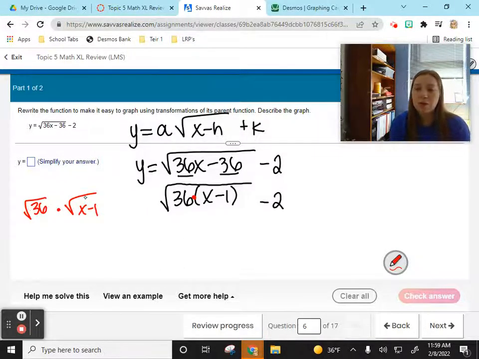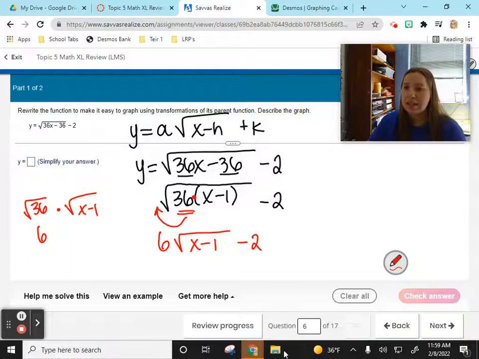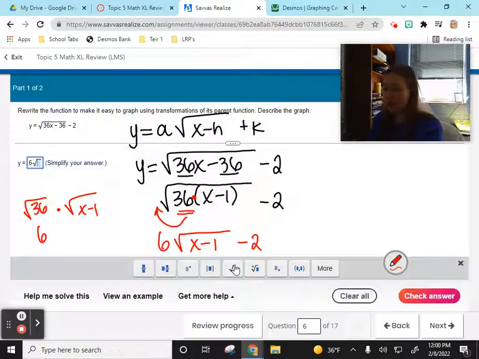And I know what the square root of 36 is. That equals 6. So I can simplify this term and bring it on the outside of my radical, and I get a 6 because the square root of 36 is 6. The square root of x minus 1 does not simplify. So I'm going to leave x minus 1 underneath my radical, and my minus 2 just stays on the outside. This is my simplified expression: 6 times the square root of x minus 1, minus 2.